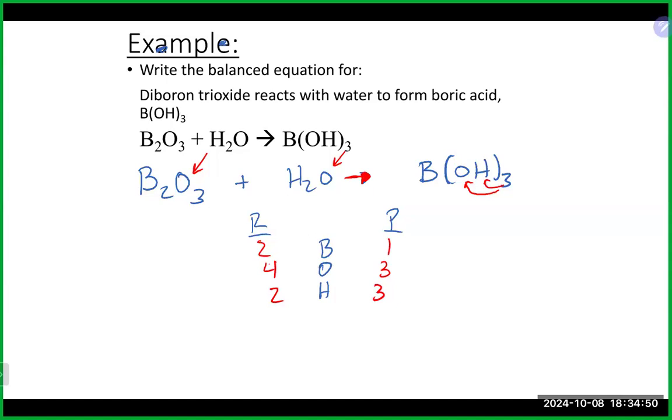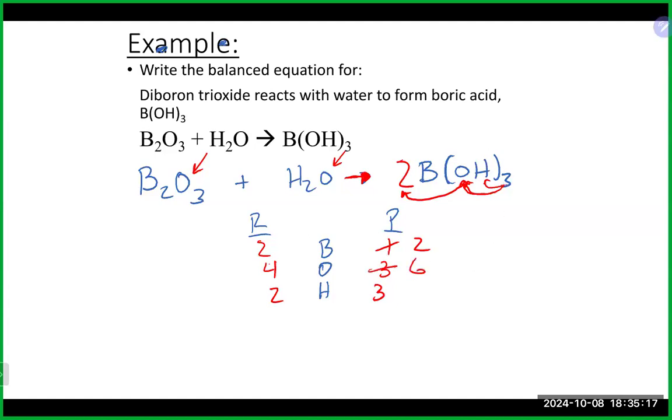Once again here, there's not much to work with, so I'm just going to start with the boron and fix that. And I can fix that by putting a 2 in front. When I do that, that gives me 2 borons. Now, in terms of the oxygen, I do need to multiply this 3 in, which would give me 3, but I also need to multiply it by the coefficient on the outside as well. So that's basically 3 times 2 is 6 of those.